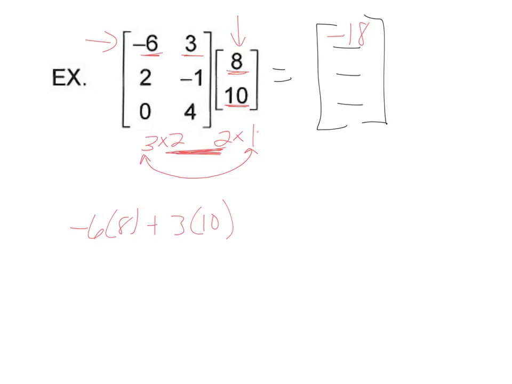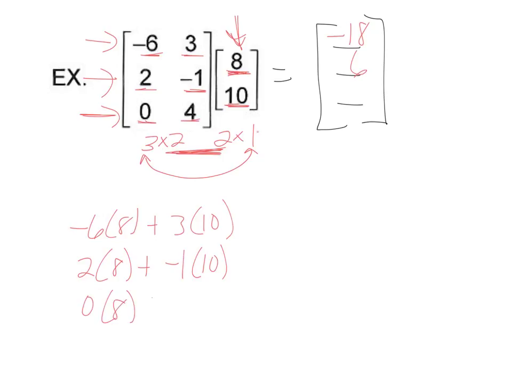Then we move down to the second row times our column. 2 times 8 plus negative 1 times 10 is 6. Drop down again. Third row, first column. 0 times 8 plus 4 times 10 comes out to be 40.